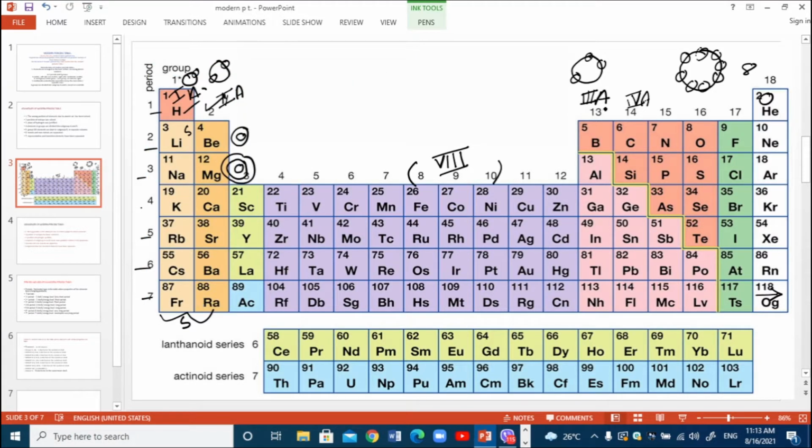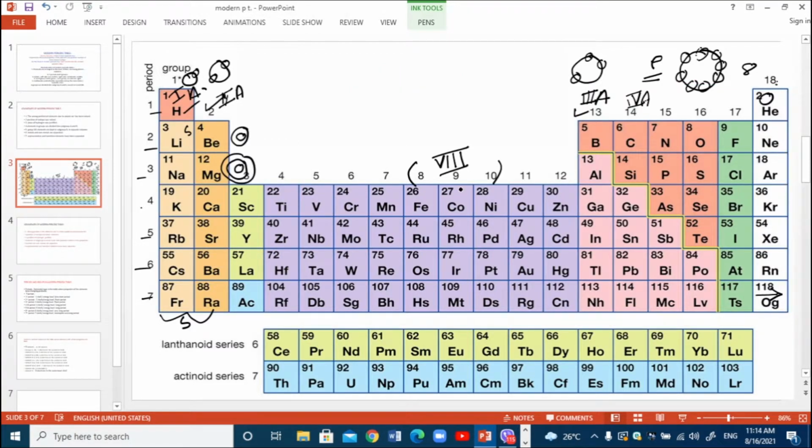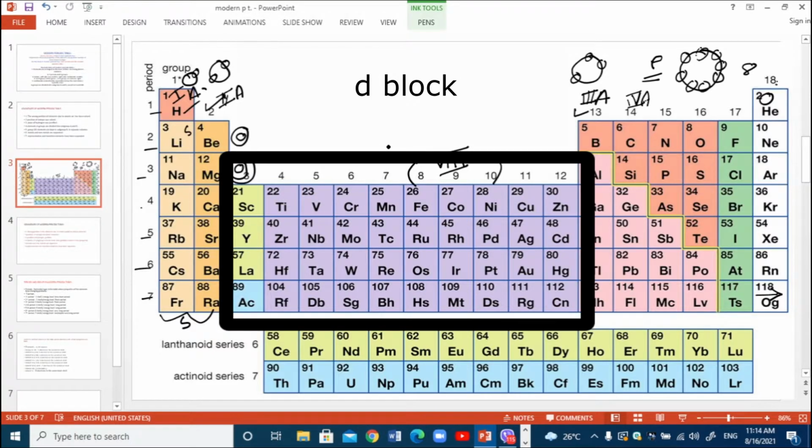Groups 13 to 18 are P block elements. These are P block elements on the right side of the table. Non-metals are P block elements here. D block elements are from number 3 to number 12. The entire middle part is D block.